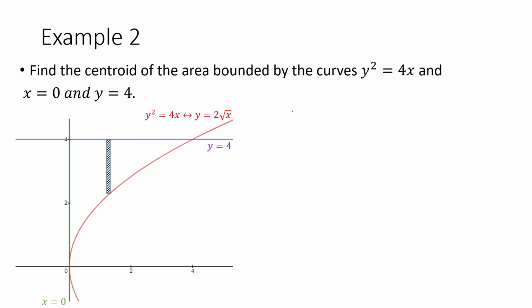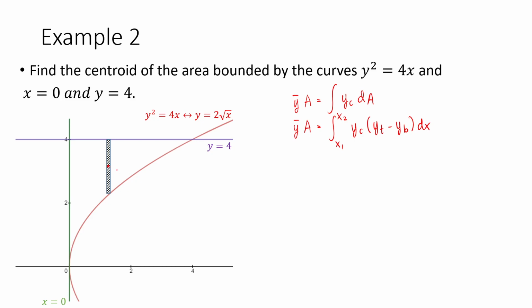So for bar y, equals y sub c times the differential area. So again, since you are utilizing the vertical strip, this converts into this format, y top minus y bottom dx. So again, we're going to determine y sub c.